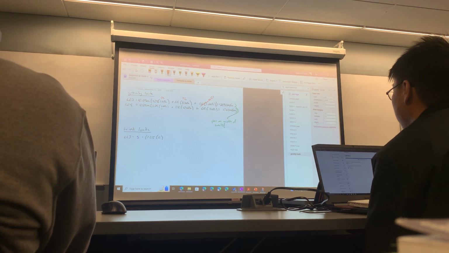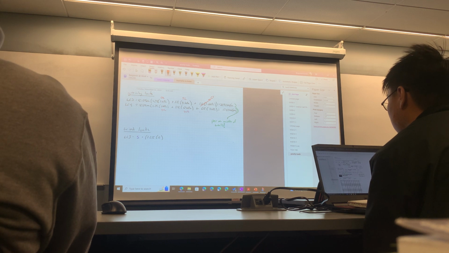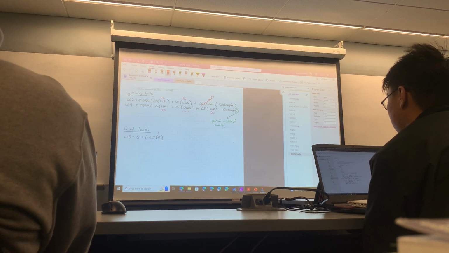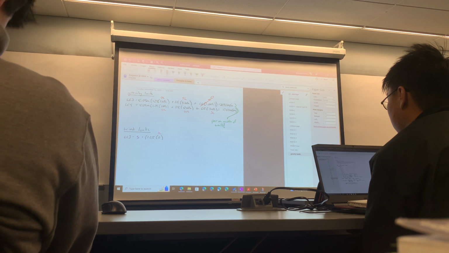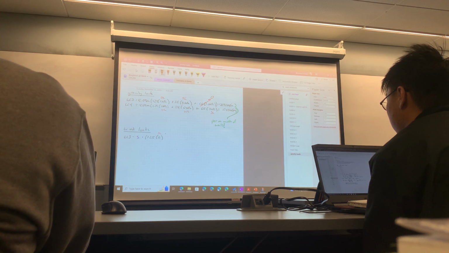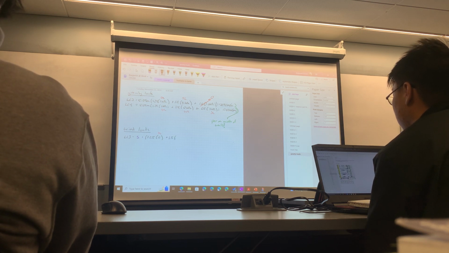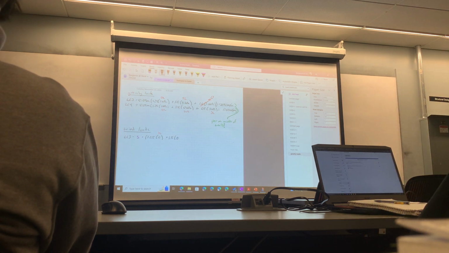I'll just add these in here so we see. This is wind load, and this is snow load. Dead load is 0. Snow, what's snow in the left-right direction? 0.